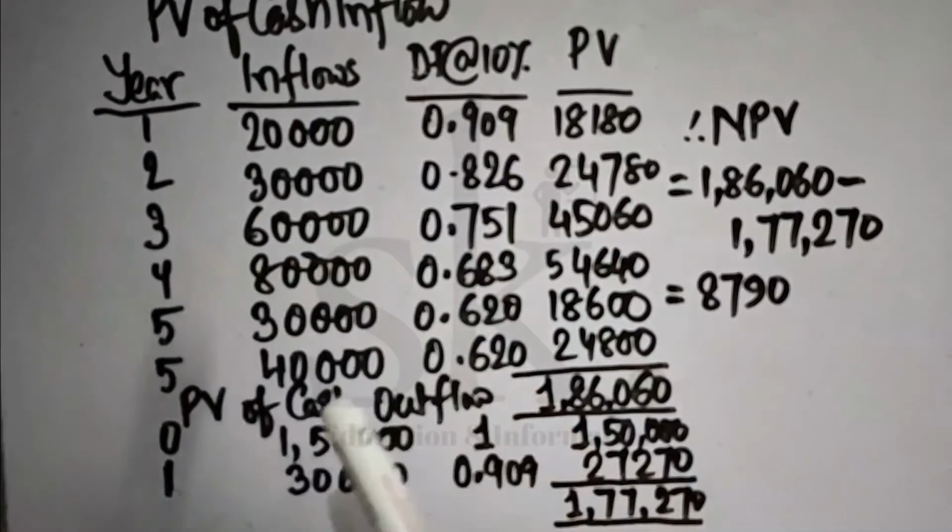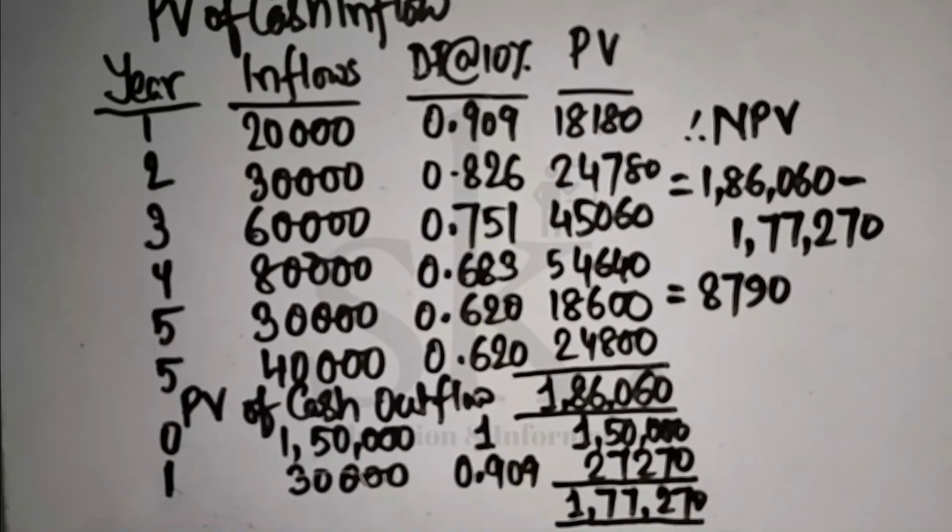I am discounting the inflows, but I also require to discount the cash outflow which I have invested after the first year. So the 30,000 invested after the first year also needs to be discounted, which comes to 27,270 as the present value. So the total present value of cash outflow is 1,77,270 and the present value of cash inflow is 1,86,060, which means that we have a positive NPV of rupees 8790.